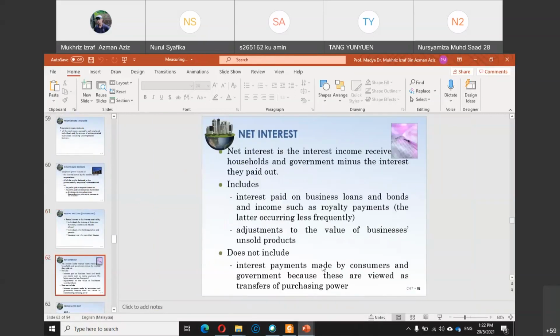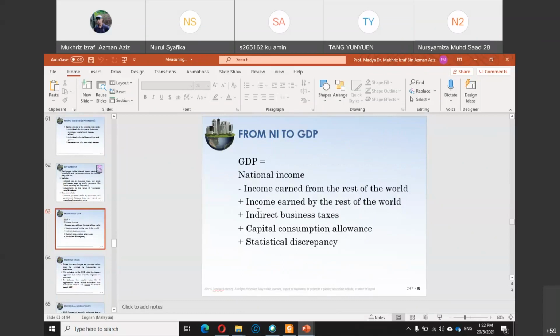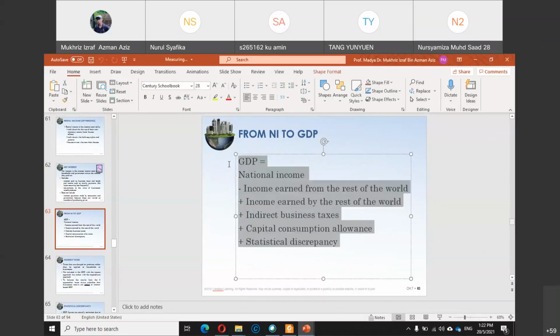We don't need to go into detail on what net interest is, because at the end of the day you are not required to explain each of these components. As long as you know that this component belongs to the income approach, which one you need to add, and which one you need to minus. That is the main thing.